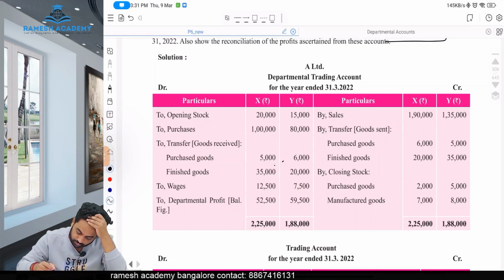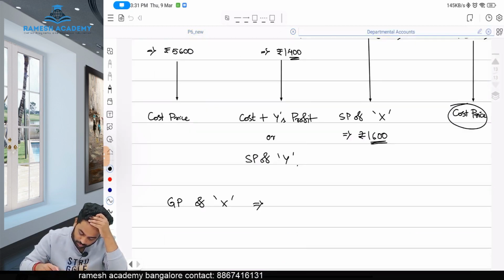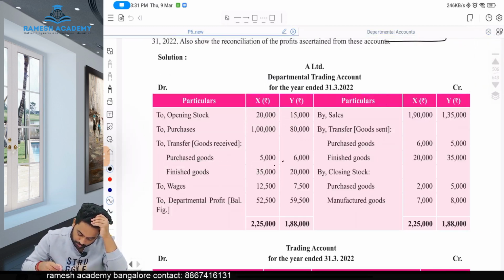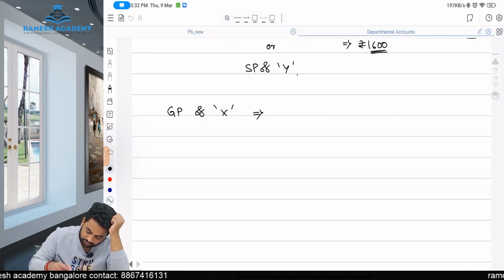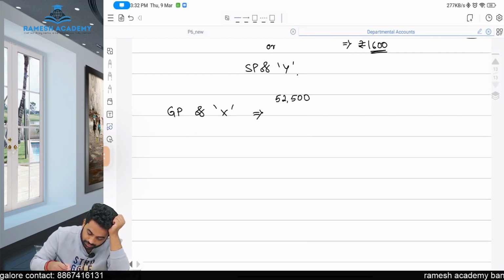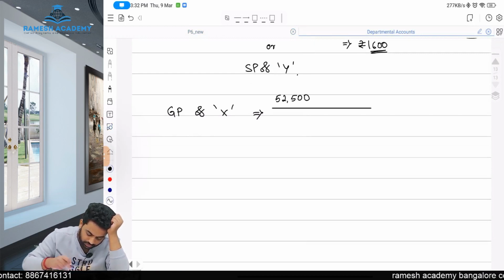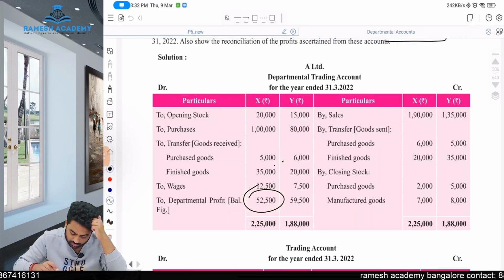Now profit of X, how much is the total gross profit of X? It is 52,500, divided by normal sales.